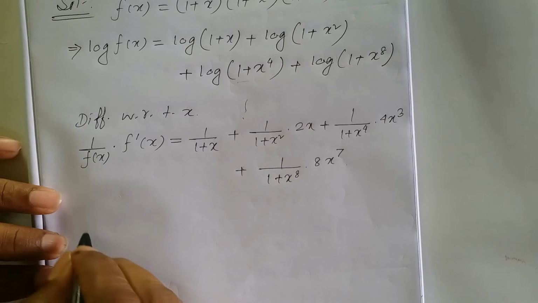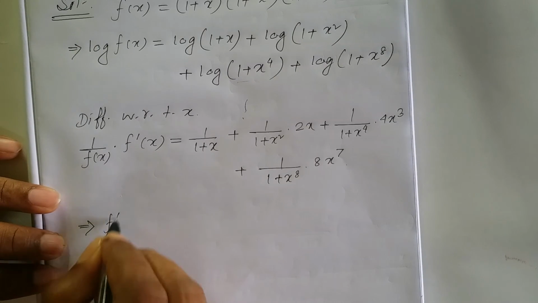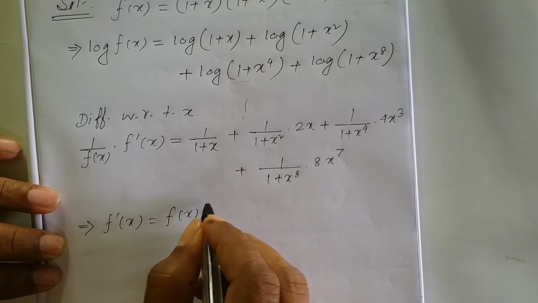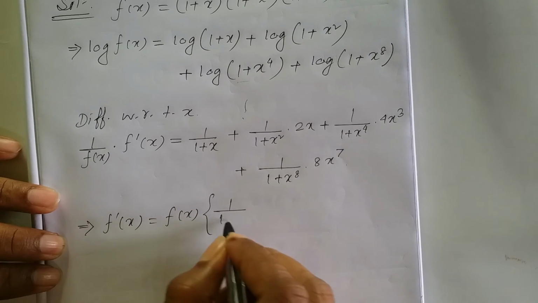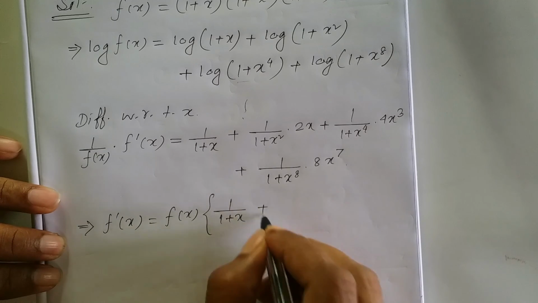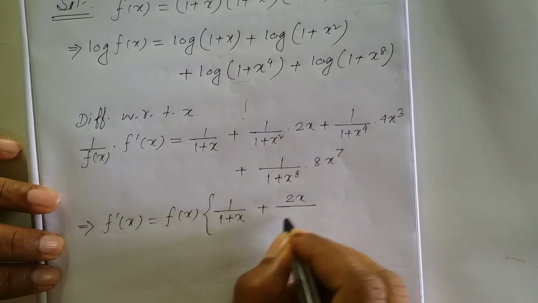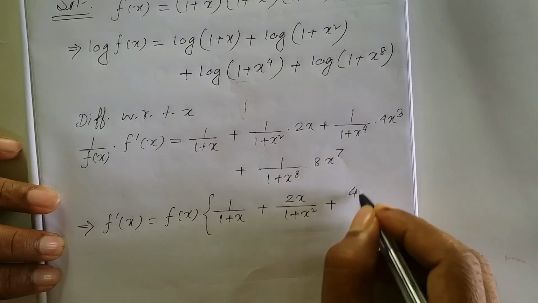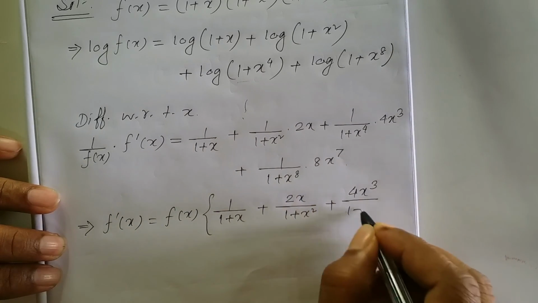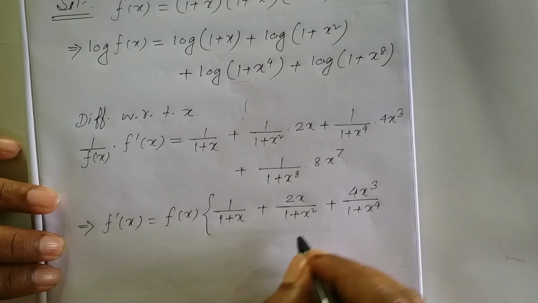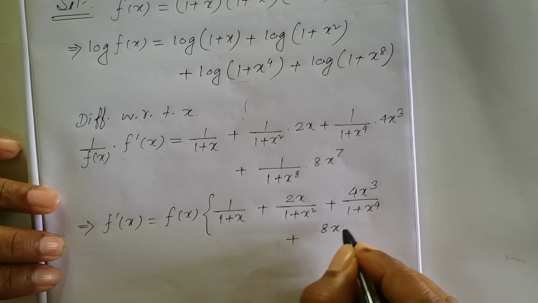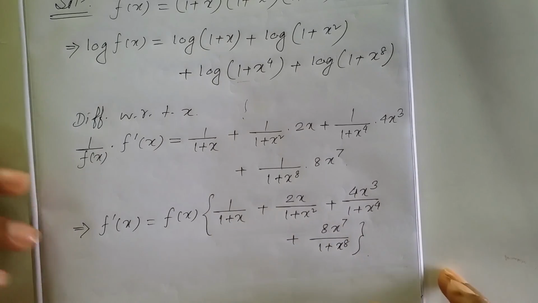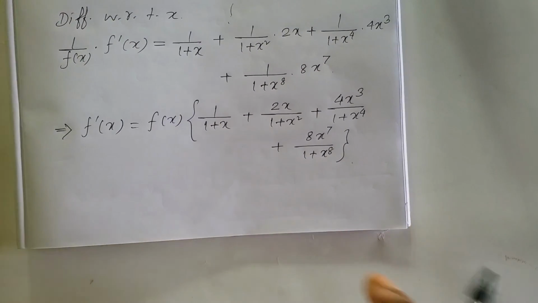Then it implies f dash x is equal to f(x) whole into 1 by 1 plus x, then plus twice x by 1 plus x square, then plus 4x cube by 1 plus x to the power 4, then plus 8x to the power 7 by 1 plus x to the power 8. This is your expression now.